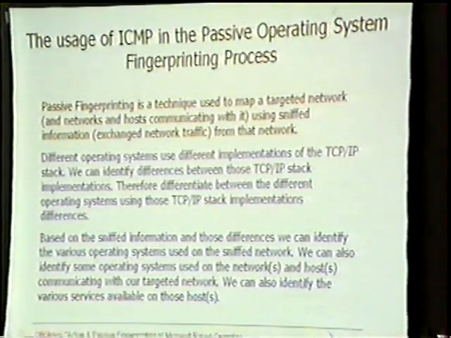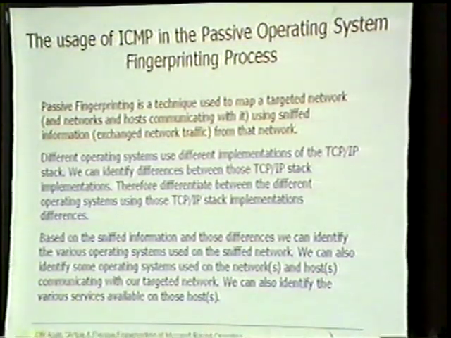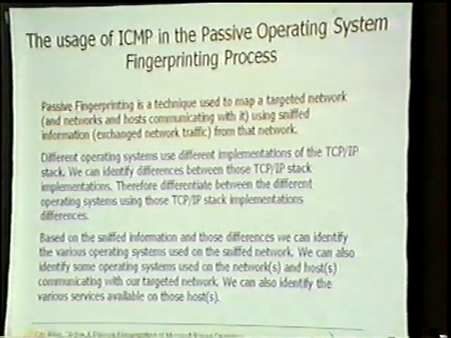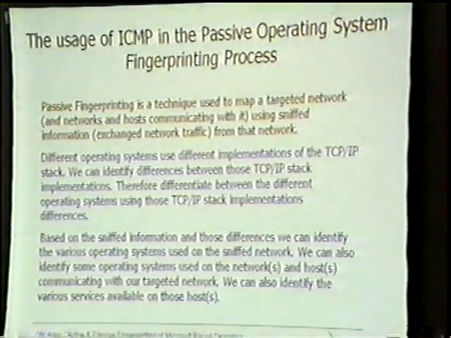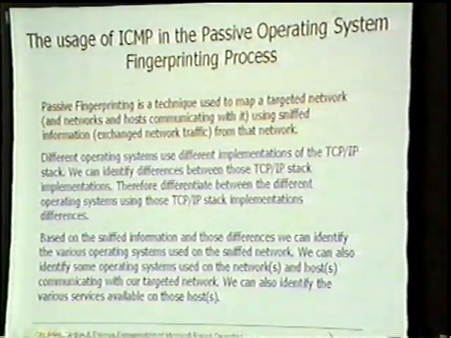Well, we have some stuff we can use passively in order to map a targeted network and networking hosts communicating with it. This technique is called passive fingerprinting. In the open source field, it's quite new. There are some quite nice papers written on this subject.